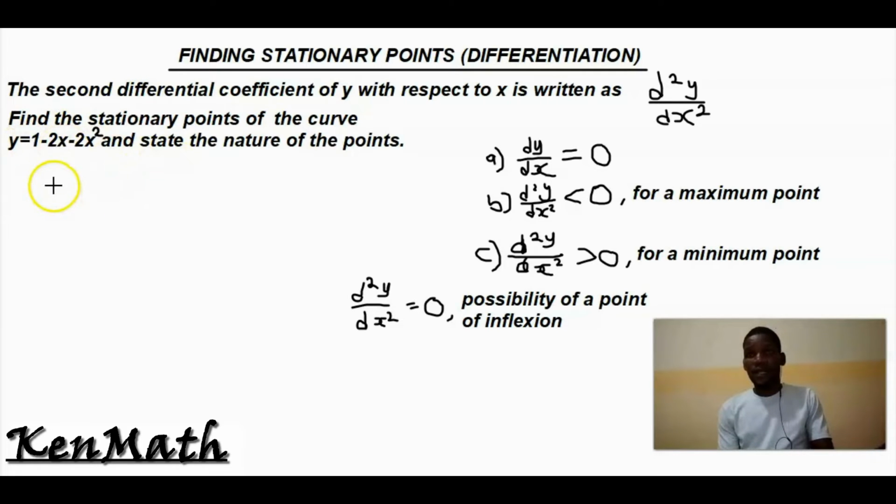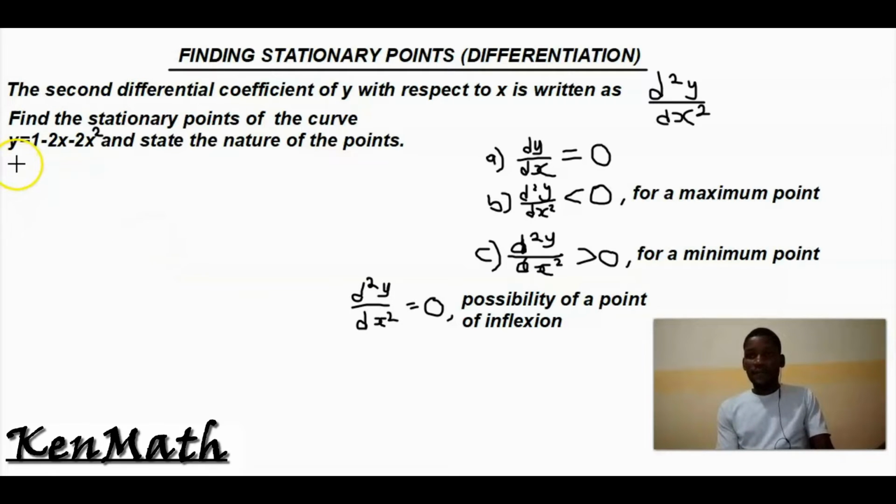We know that at a stationary point dy over dx is equal to 0. So let's do that.